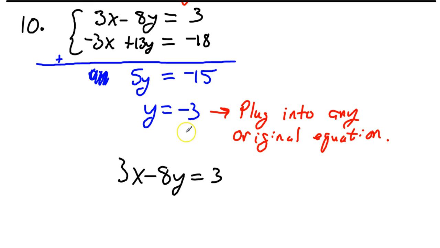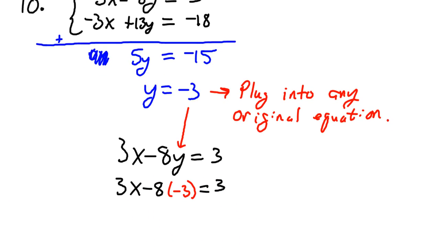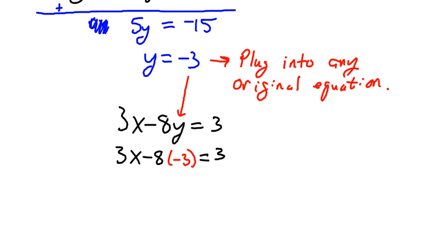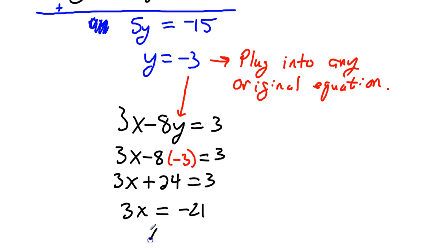So we're going to take out this negative 3 and plug it in right here. So that's 3x plus 24 equals 3. Subtract the 24 from both sides. And divide, and we get negative 7.